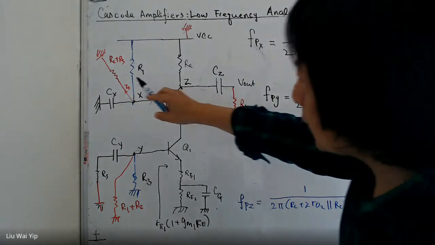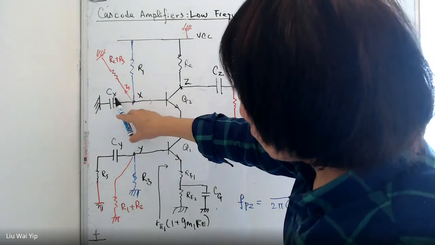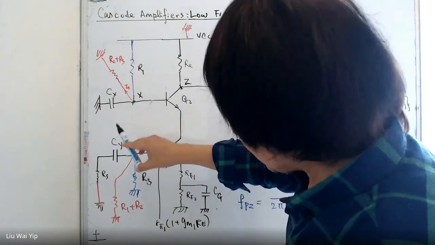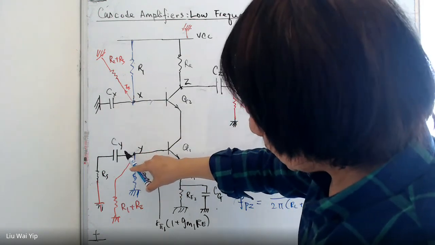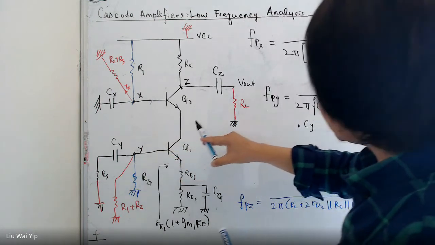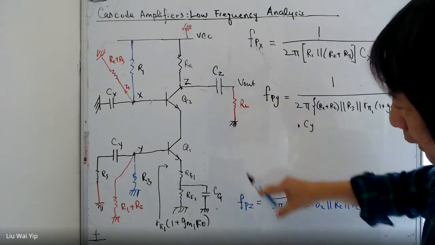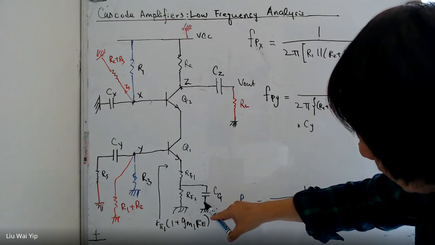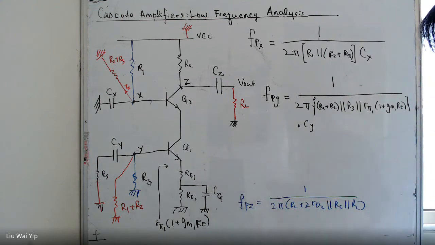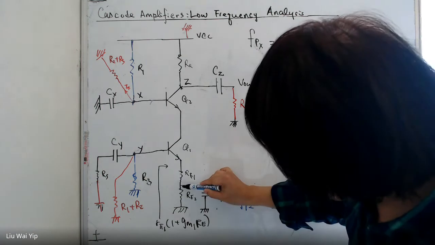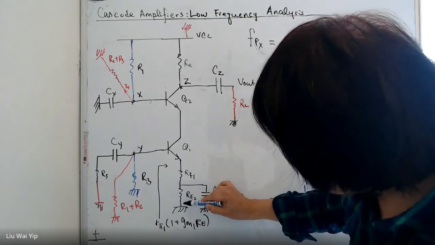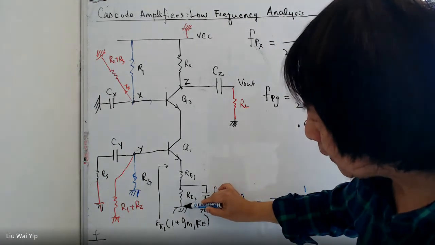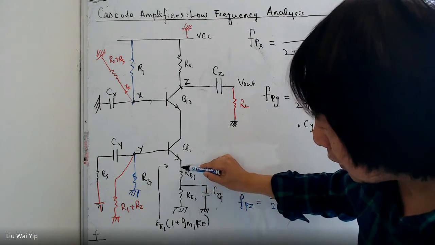So we have found the node associated with CX, and we have also found the pole associated with CY, and now we look for the pole associated with CG. CG has one resistance, RE2, connected to the ground. And it has another resistance.